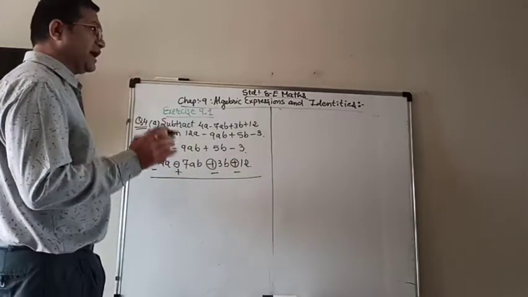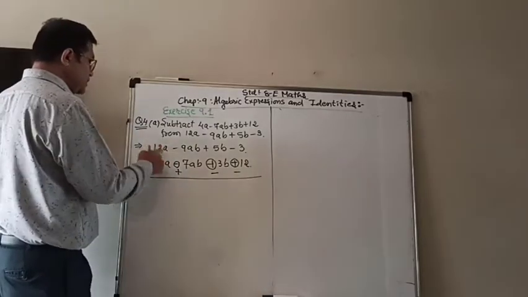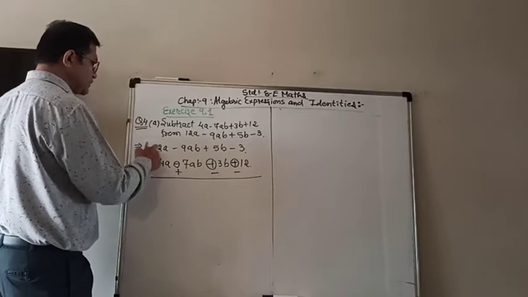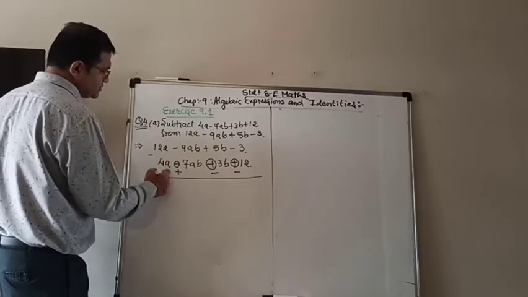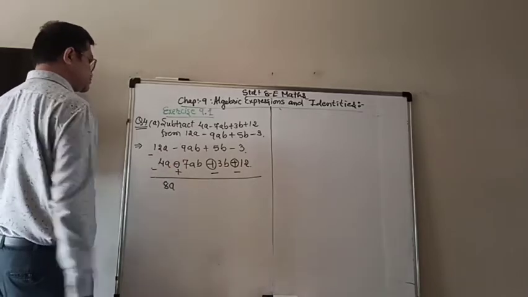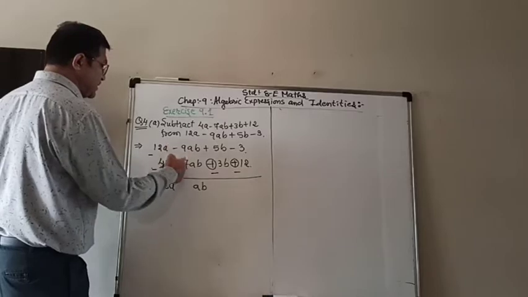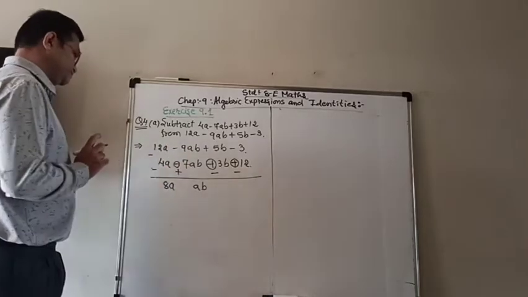And now we have to do like we do the addition, same thing. So now 12 minus 4A. 12 minus 4 means how much? 8. So 8A.